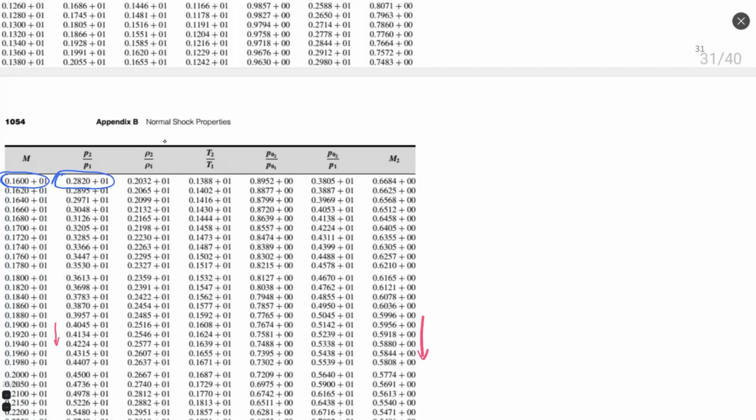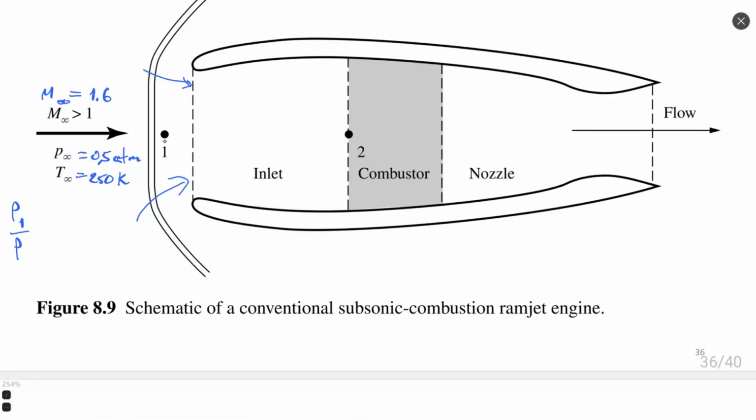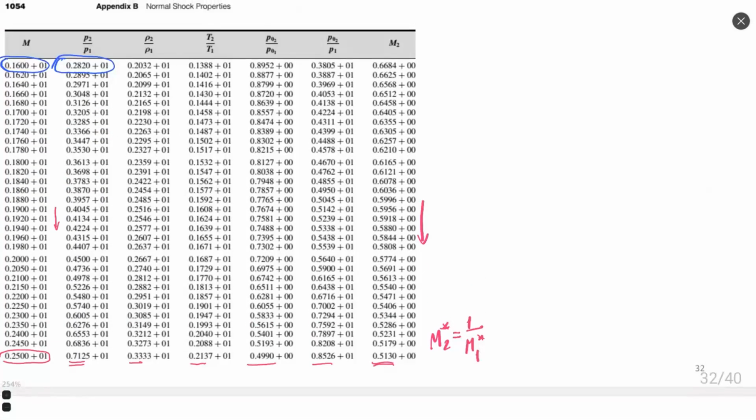It will be 2.82. P1 by P infinite is 2.82. This I like to take in brackets, and I write here A. It means that we take values from appendix A. This is the pressure ratio. I already can calculate my pressure at point 1, but before I want to collect also data about temperature and efficiency.